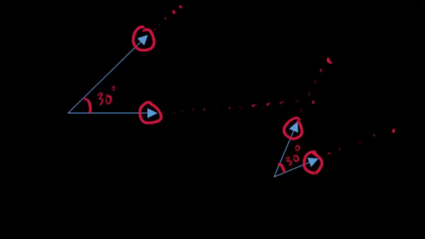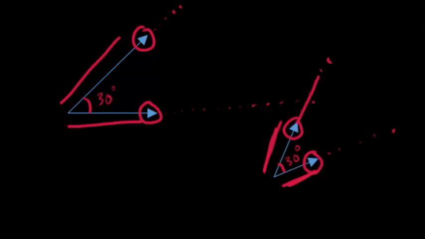And so really, even though it looks like these rays that make up my angle over here are smaller than the rays that make up my angle over here, they're really not, because they're both still going on and on forever in every direction. And so really I have two angles that are made up of rays which are infinitely long.